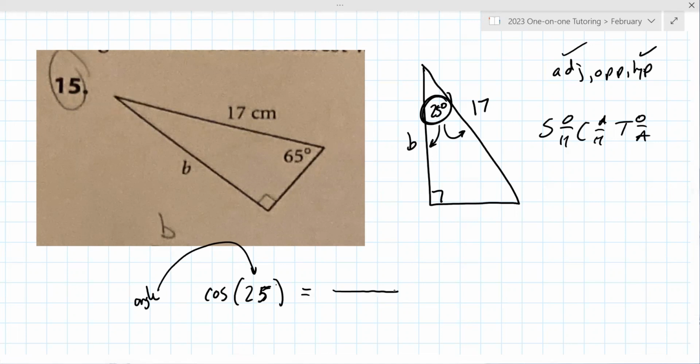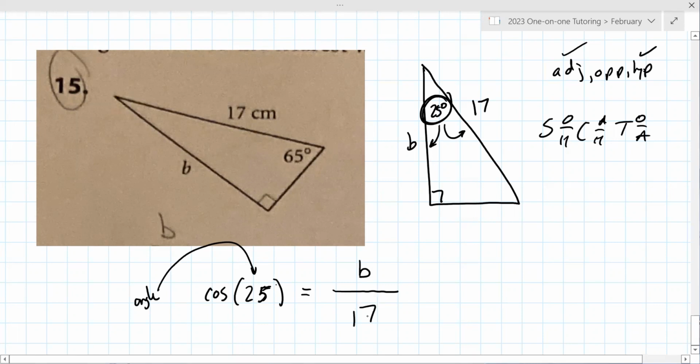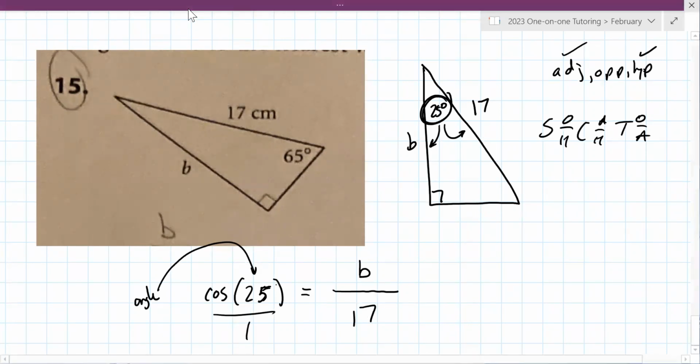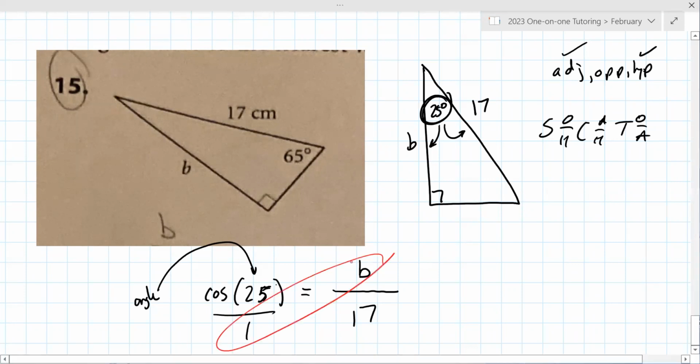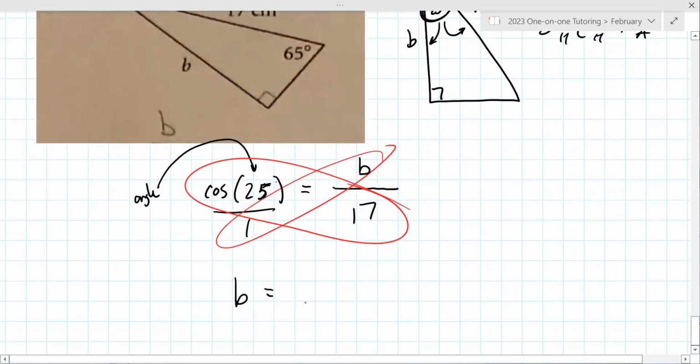The adjacent in this scenario is B over 17. And then you'd write 1 below cosine, right? Yes. And then that would be B equals 17 times cosine 25.